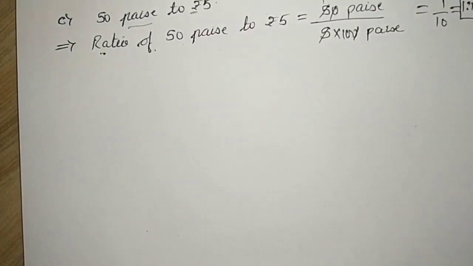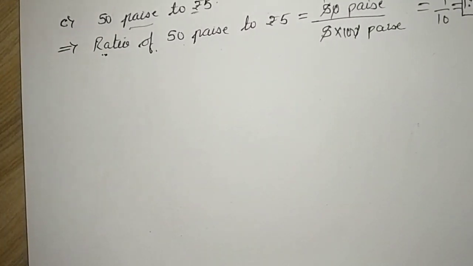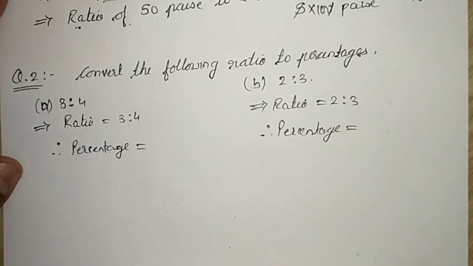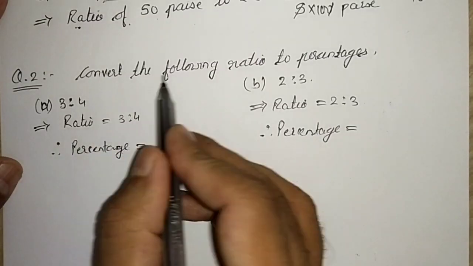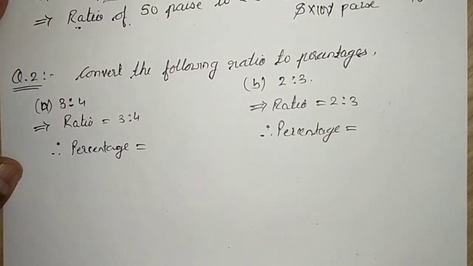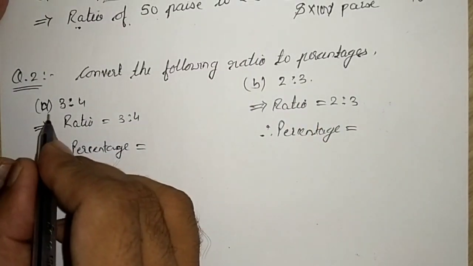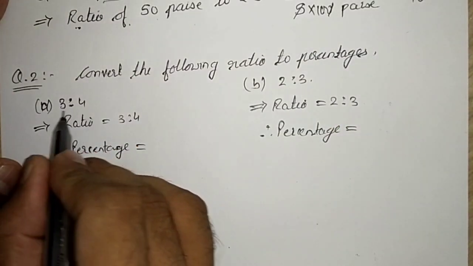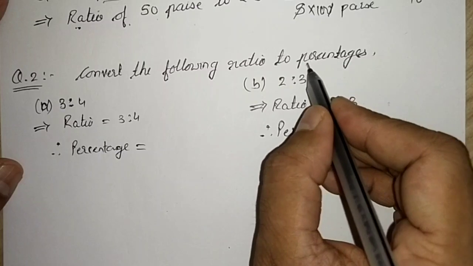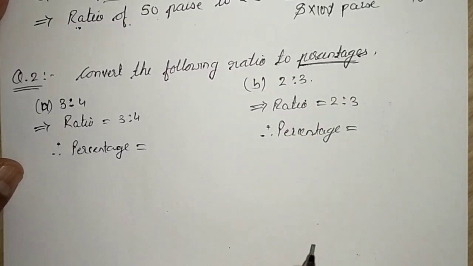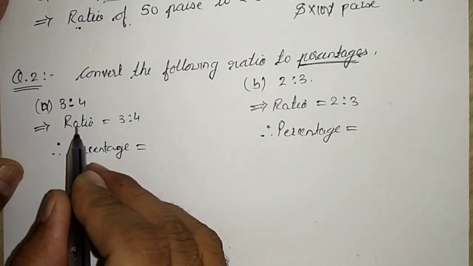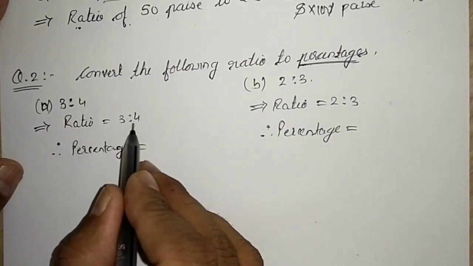Now let me write question number 2 first, then I will explain. I have written the question. It says convert the following ratios to percentages. They have given you two parts, A and B. They are in ratio form. We want to convert them into percentage. And in the introductory lecture I have told you how to solve. Whatever they have given, it is 3:4.